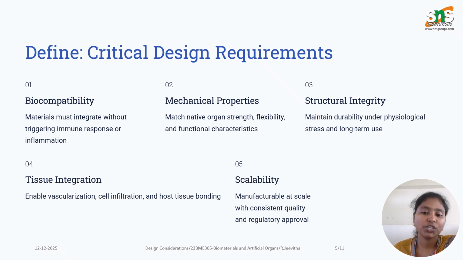The third is structural integrity. The device must withstand the long-term stress inside the body without breaking. The fourth one is tissue integration. The surrounding cells should attach, grow, and bond with the implanted material to avoid loosening. The final requirement is scalability. Whatever design we create must be manufacturable in large quantities with consistent quality, and it should meet regulatory standards for approval.